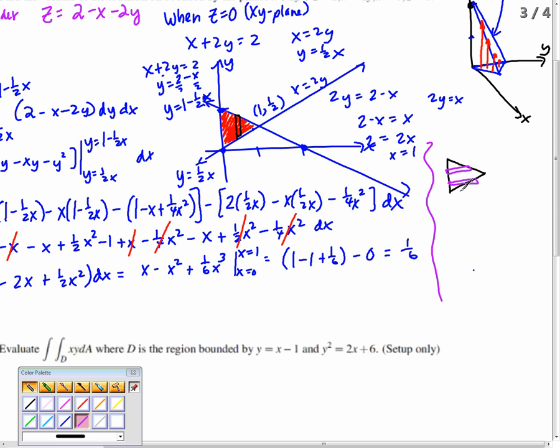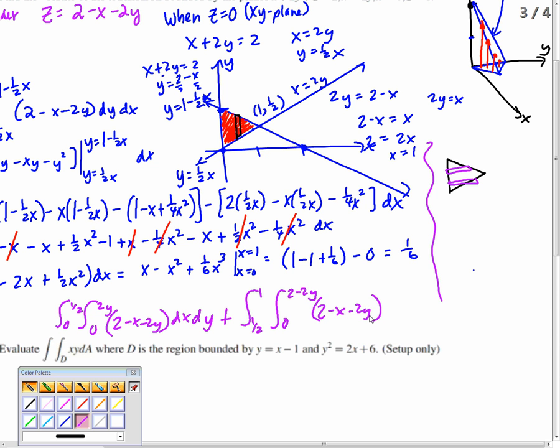We'd have had to do 0 to 1 half, 0 to 2y, 2 minus x minus 2y, dx dy, plus 1/2 to 1, 0 to 2 minus 2y. I don't like doing that.